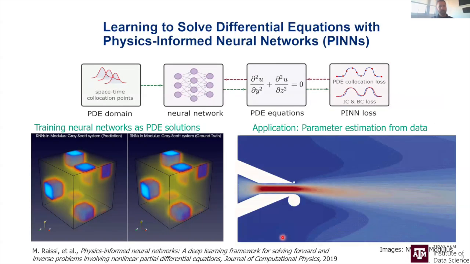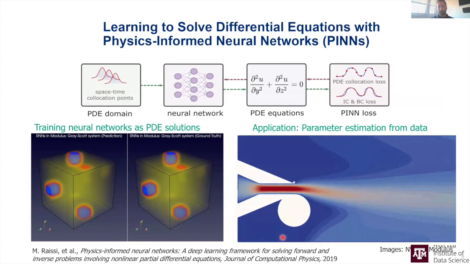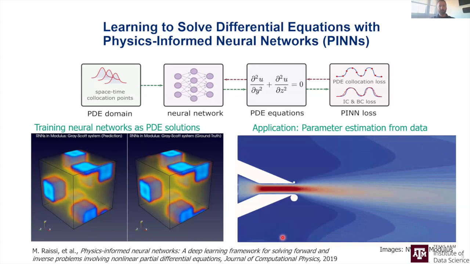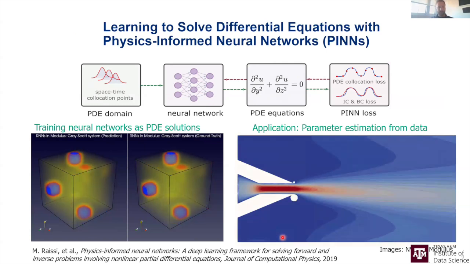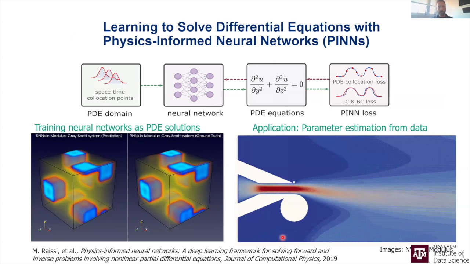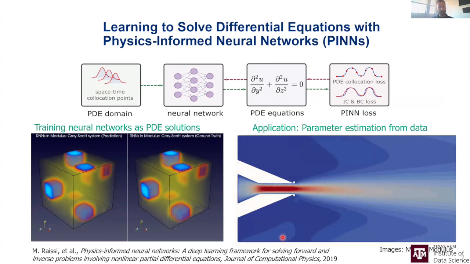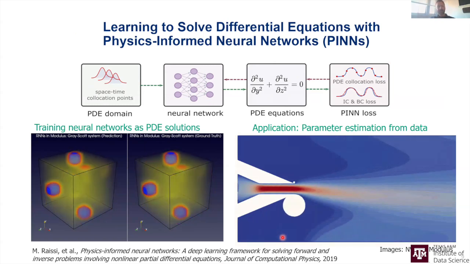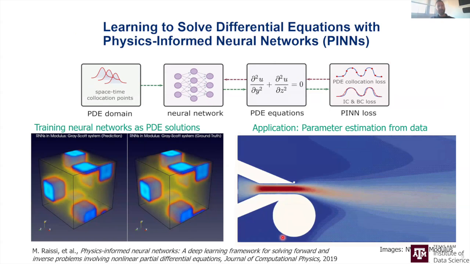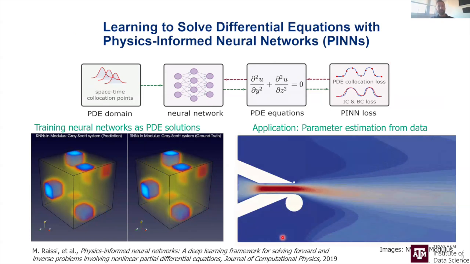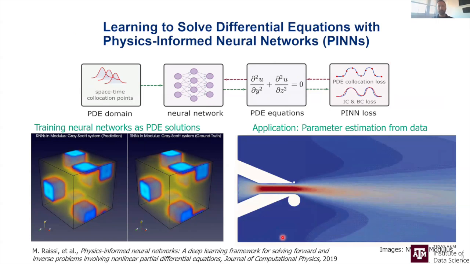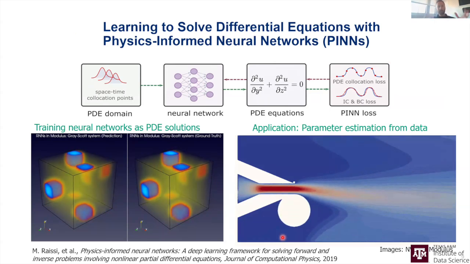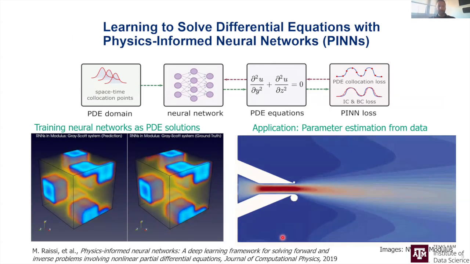But I will start with PINNs as probably the most famous example of scientific machine learning methodology that allows us these days to solve large-scale partial differential equations by pre-training the solution as a neural network. So instead of solving this with finite volume or finite element methods, we are going to use a neural network to replace the solver.